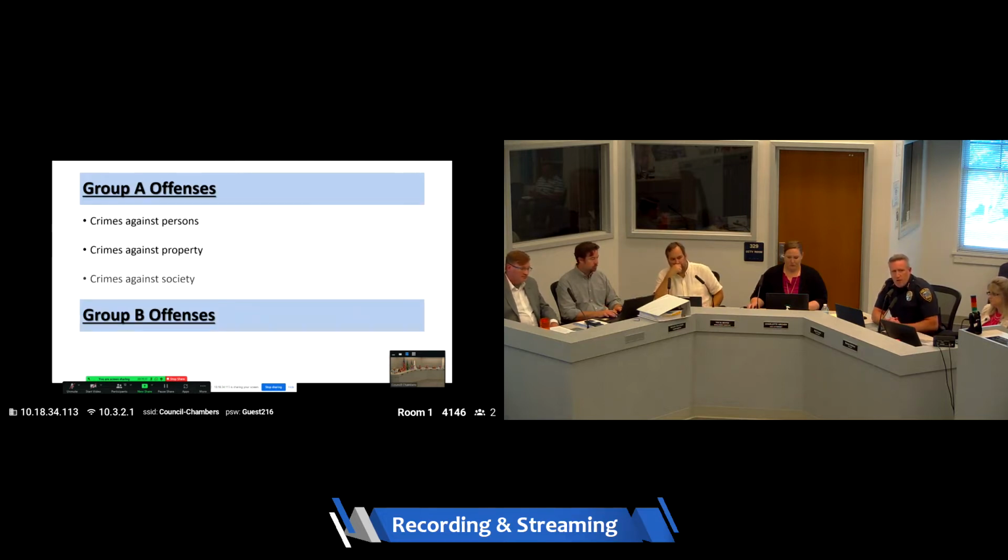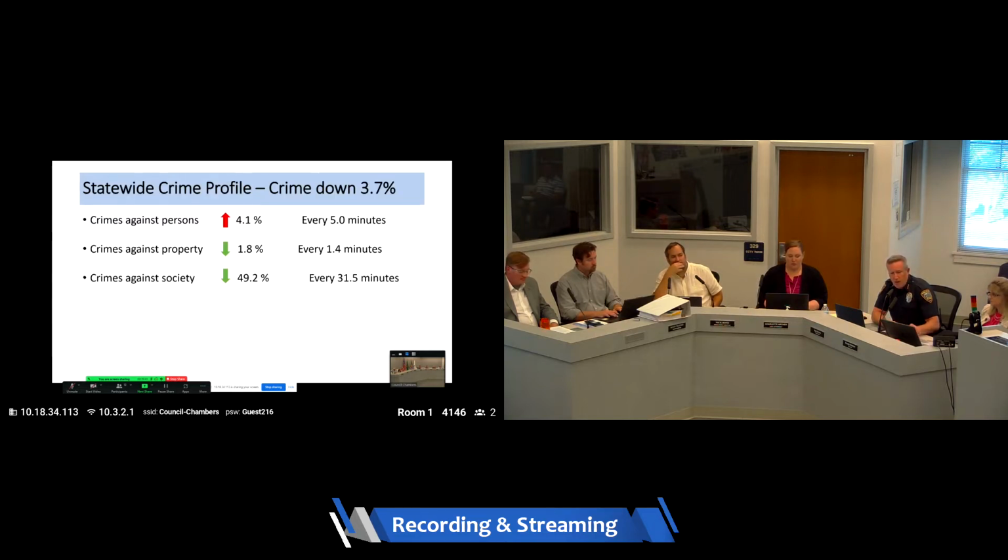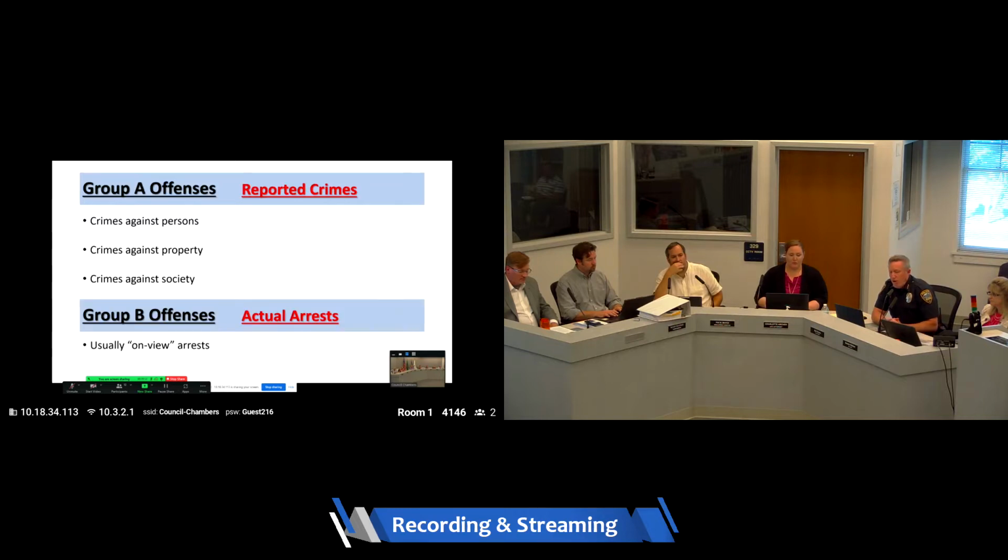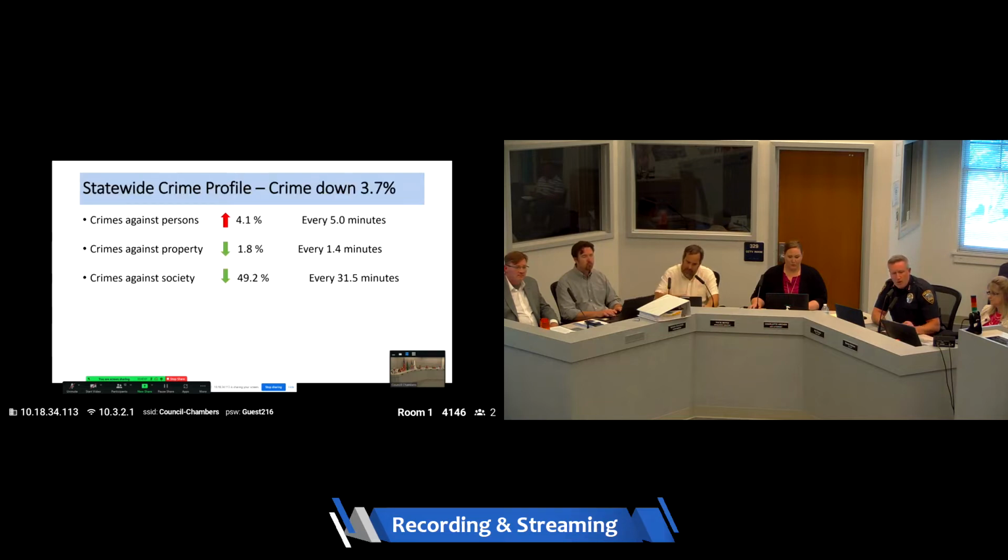Group A offenses are crimes against persons, crimes against property, and crimes against society. Now this could result in an arrest, but this is based upon the reported crime, not necessarily an arrest. Group B offenses are actual arrests, and these tend to be on-view arrests, generally lower level crimes such as trespassing or DUI or other various crimes, and I will show you as we get to our next slides.